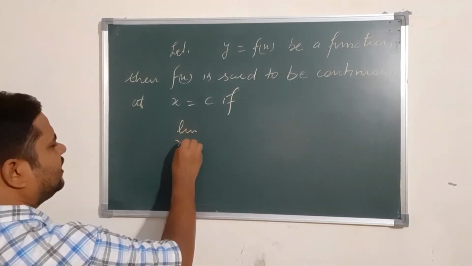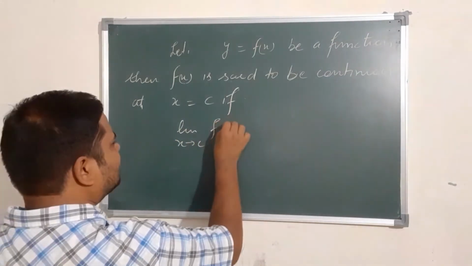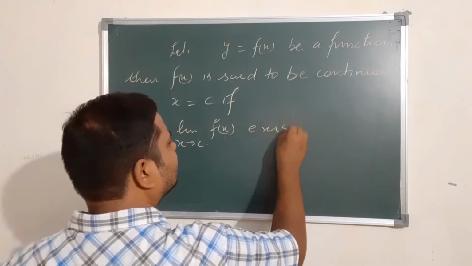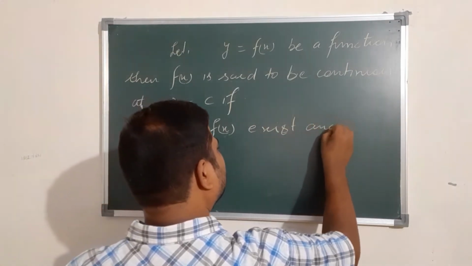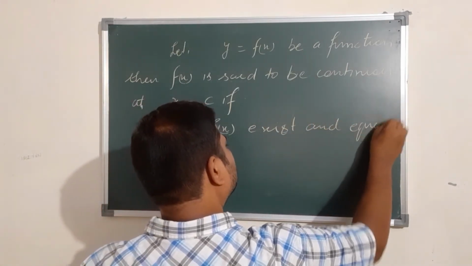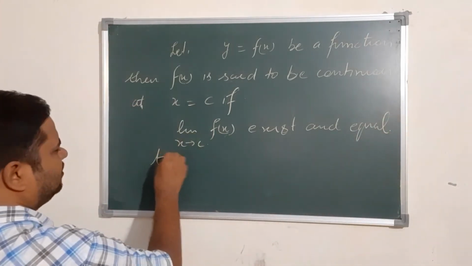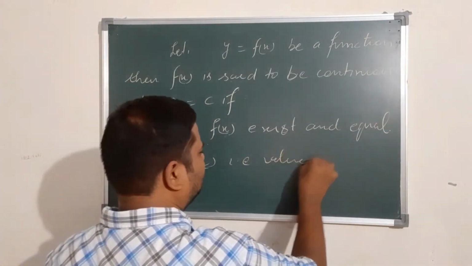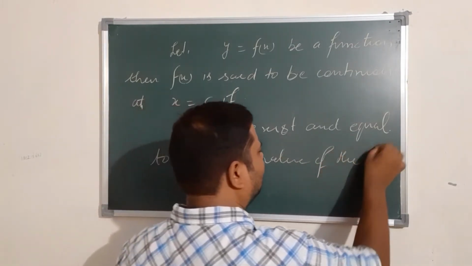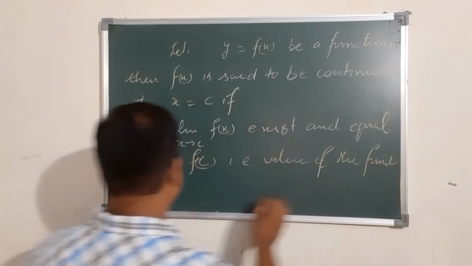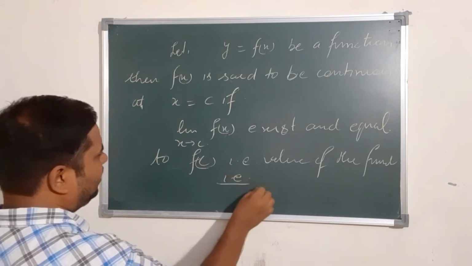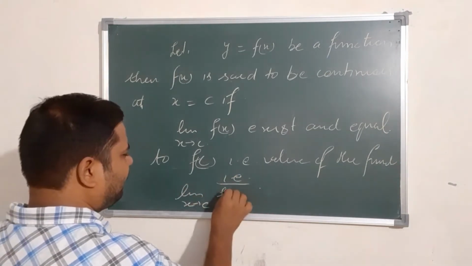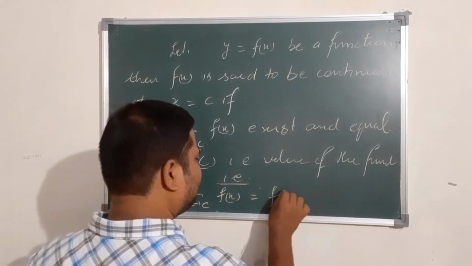limit x tends to c f(x) exists and equal to f(c), that is the value of the function. That means mathematically you can say limit x tends to c f(x) is equal to f(c).